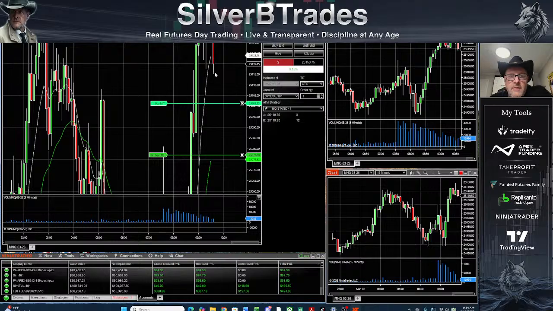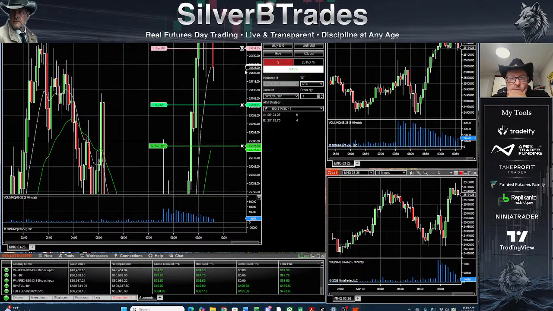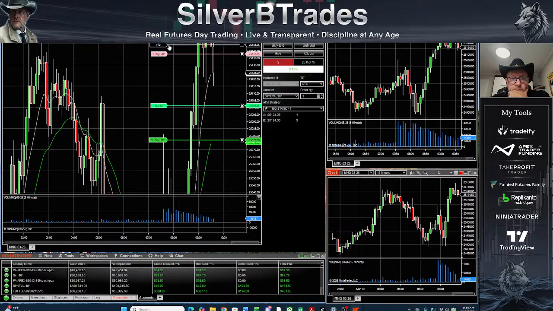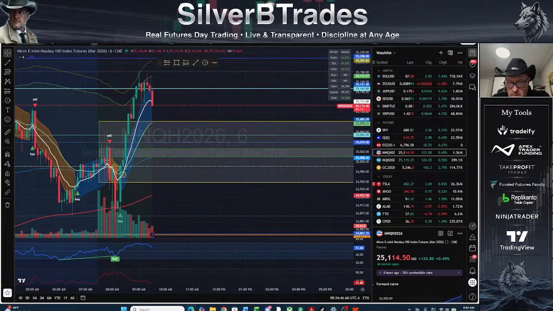If we can stay down here until my 36 candle, would be really good. Let's do this. 35 candle's about to come out. Here it might reverse.